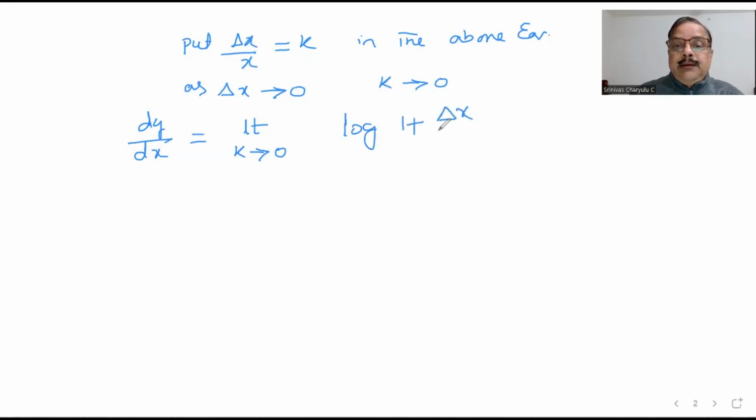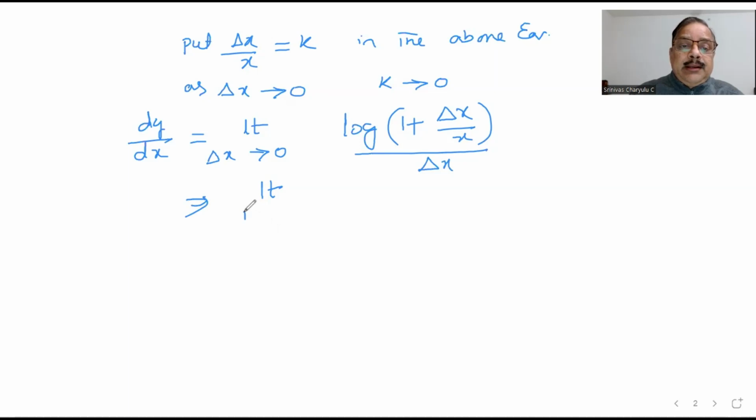Before substitution, I'll write delta x only. Afterwards we'll put it. Now delta x by x is equal to k, so delta x will become kx. So limit k tends to 0, log of 1 plus k, close the bracket, divided by kx.